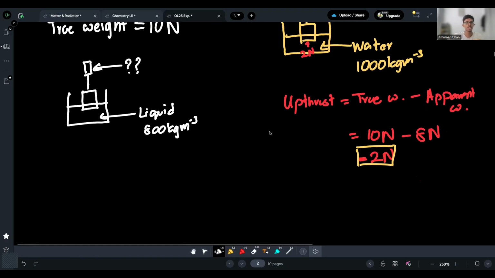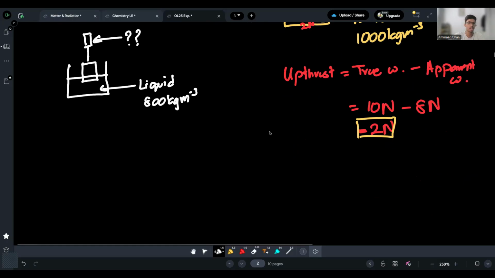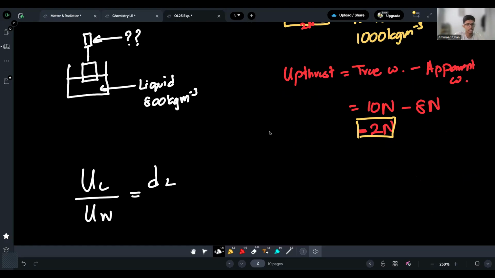We can build up a ratio or a relationship such that upthrust of the liquid divided by upthrust of water equals density of the liquid divided by the density of water.